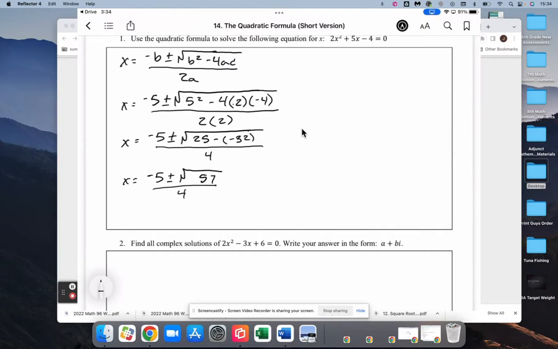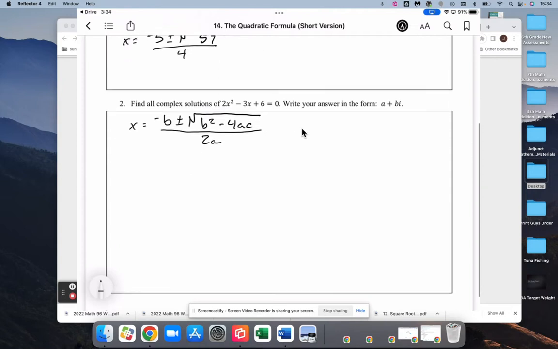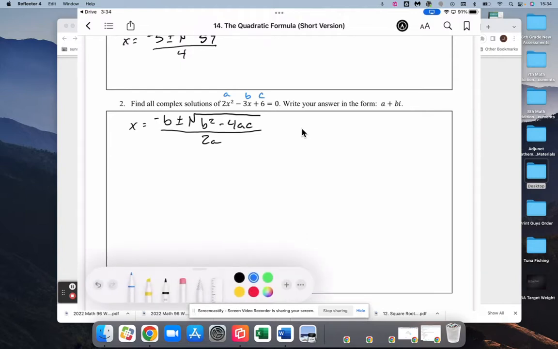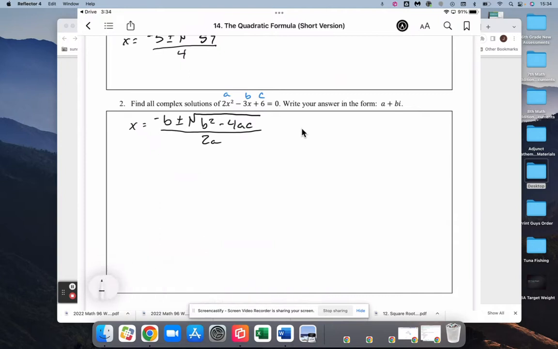Alrighty, so we've got x equals negative b plus or minus the square root of b squared minus 4ac over 2a. And so as it's been in the past, this is our a term, this is our b term, this is our c term. Recognize that that b term is a negative 3, not a positive 3.